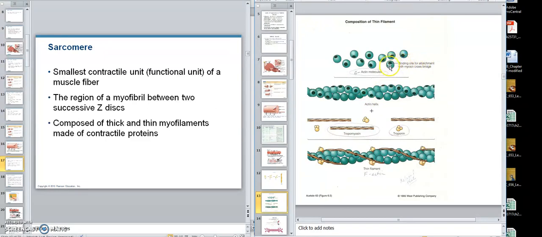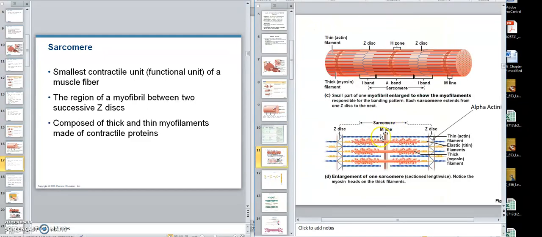So on actin, there's a binding site to hook myosin. And these dots on the G-actin are that. Okay? So that's actin. So I come back here again. See, this is actin. So that right there, that's actin.